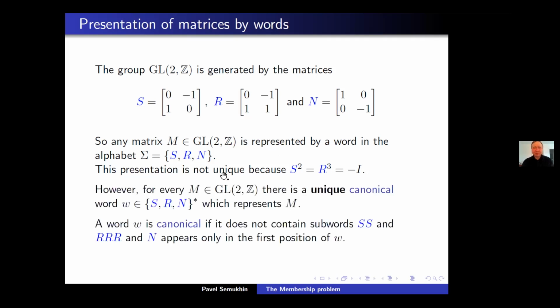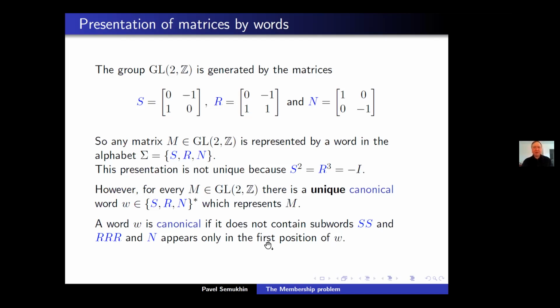However, for every matrix M from GL2Z, there exists a unique canonical word W which represents M. And by canonical, I mean the following: the word W is canonical if it does not contain subwords like SS or RRR, and the matrix N appears only in the first position of W, or it doesn't appear at all.